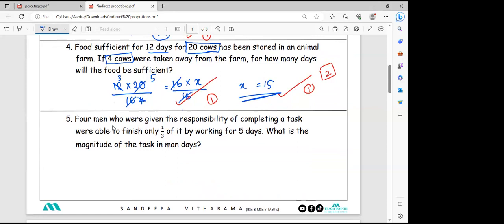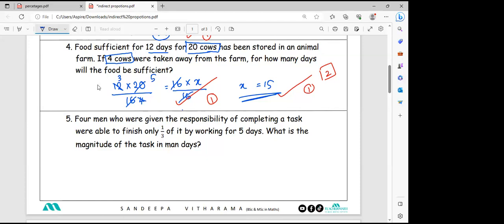Okay. 4 men who were given the responsibility of completing a task were able to finish only 1/3 of it by working for 5 days.